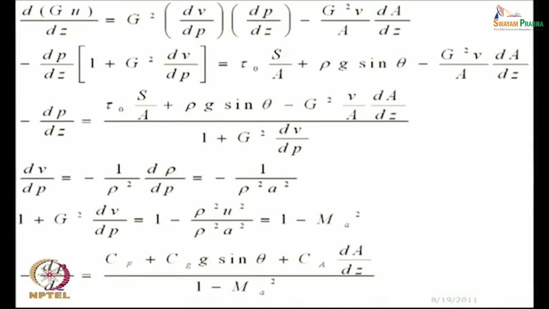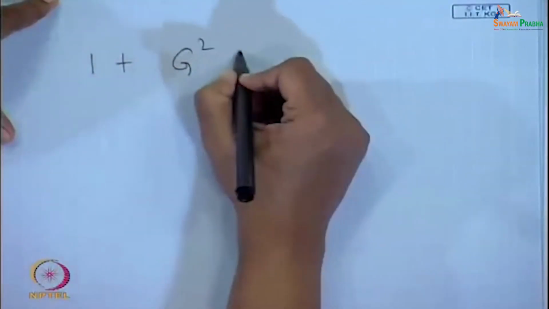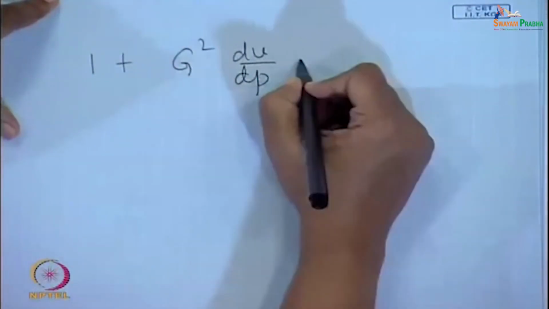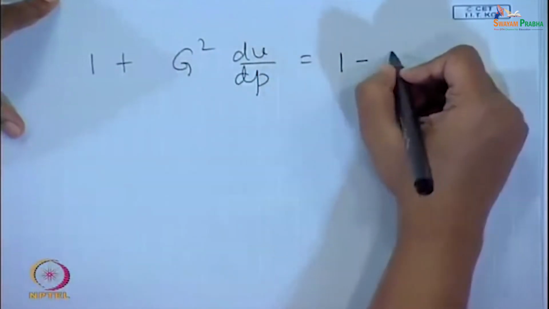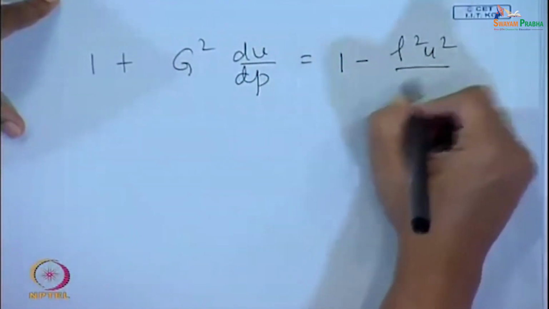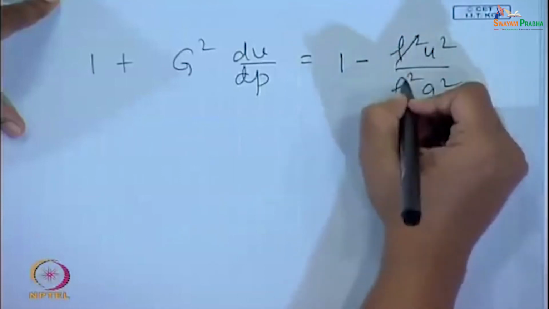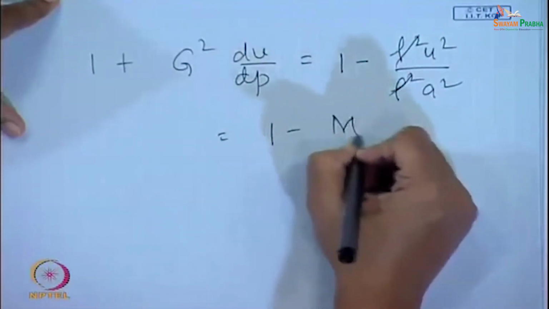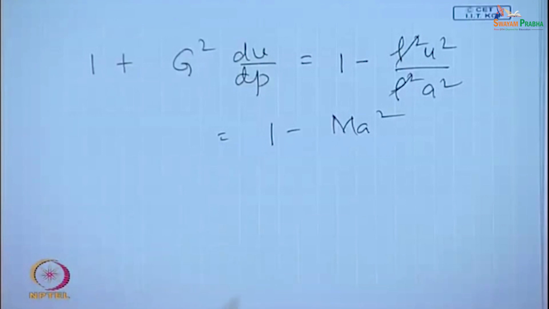Or in other words, we find the denominator, which I had already told you we would be discussing the significance of later. This is nothing but 1 minus Ma square, is it not? So, what do we find?